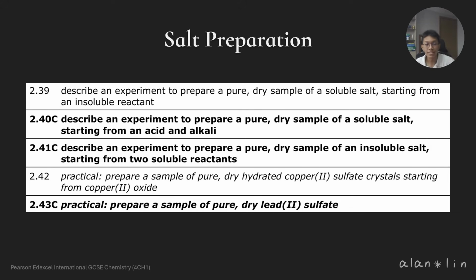If you take a look at the specification, you will notice that the insoluble salt preparation is actually a paper 2 content. And therefore, if we have a salt preparation question on paper 1C, then we can be 100% sure that we are preparing a soluble salt, because insoluble salts can only come up on paper 2 for triple science students.